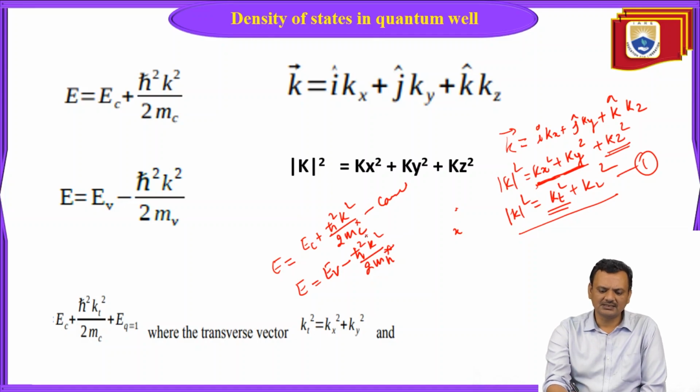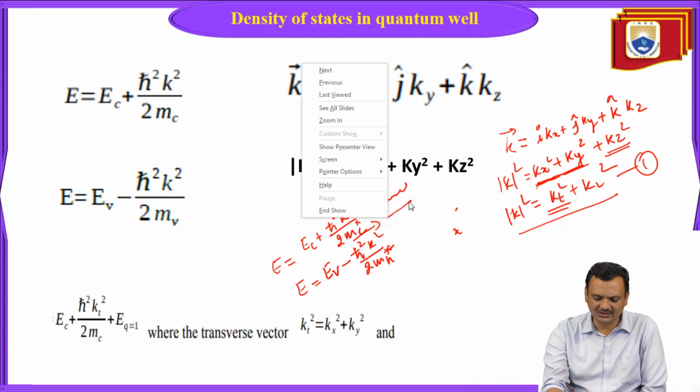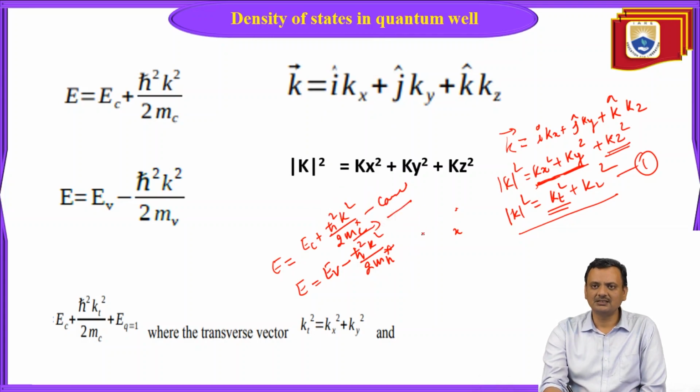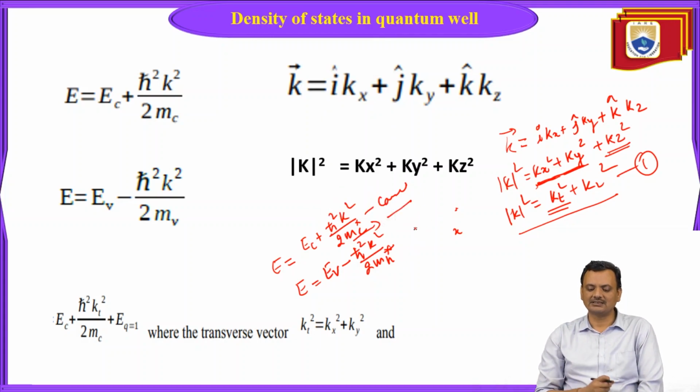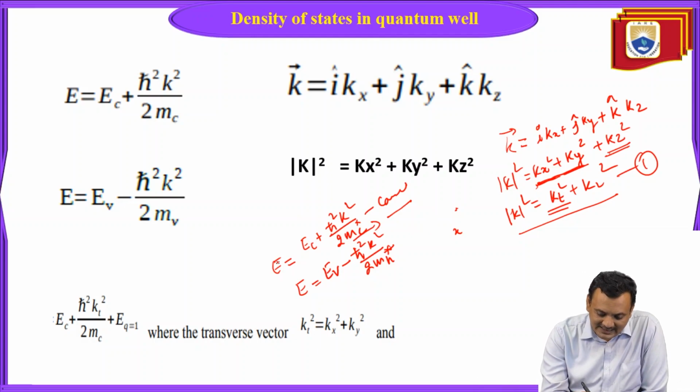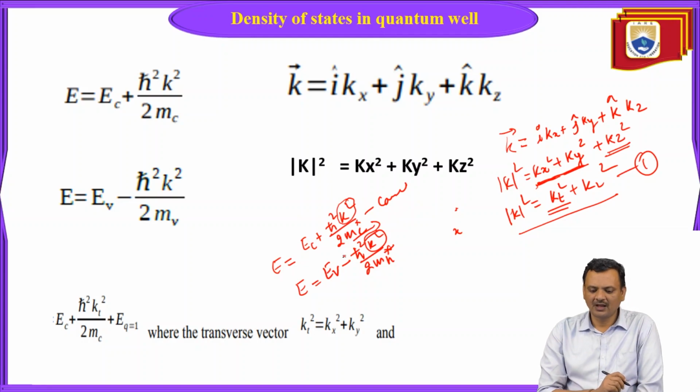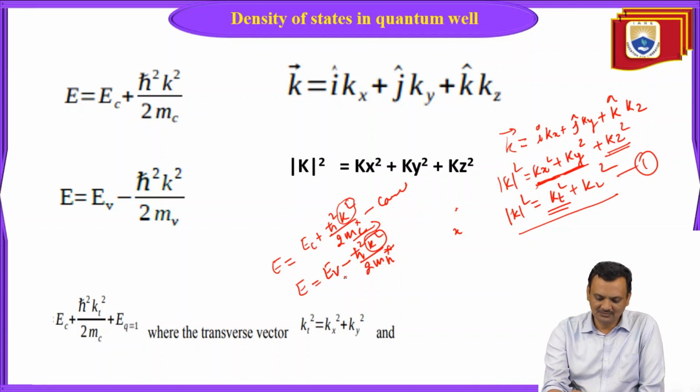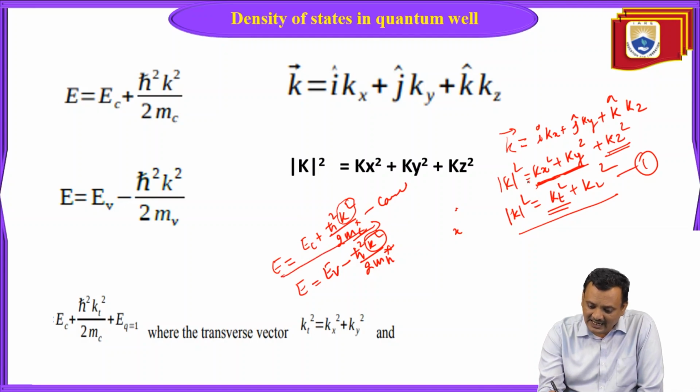This MC star is the effective mass of an electron in the conduction band, and MH star is the effective mass of a hole in the valence band. Now see here, in this energy expression, the K square term is used.